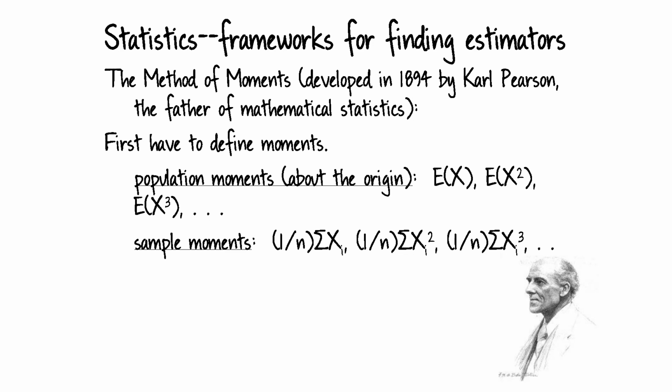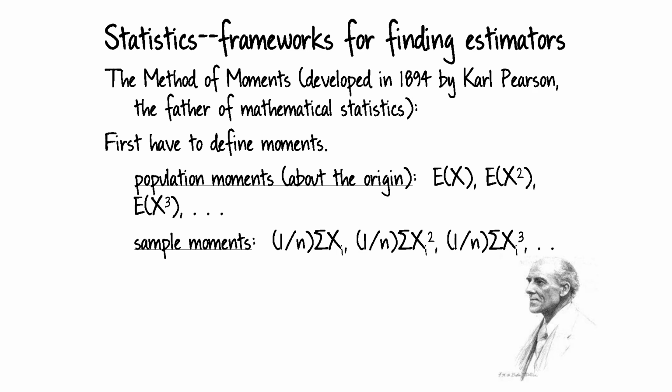For any distribution, we can calculate these as functions of the parameters, or look them up on Wikipedia or in the back of our statistics book. As a function of the parameters, what's the first population moment of a normal distribution?